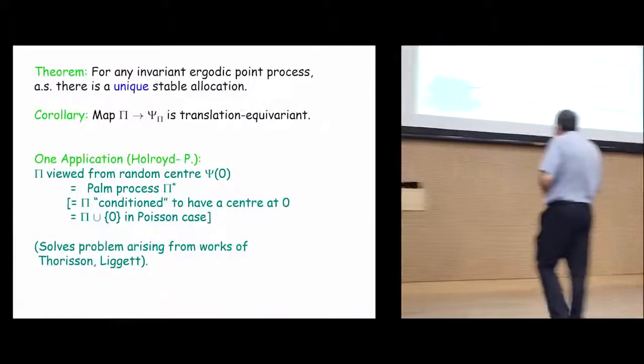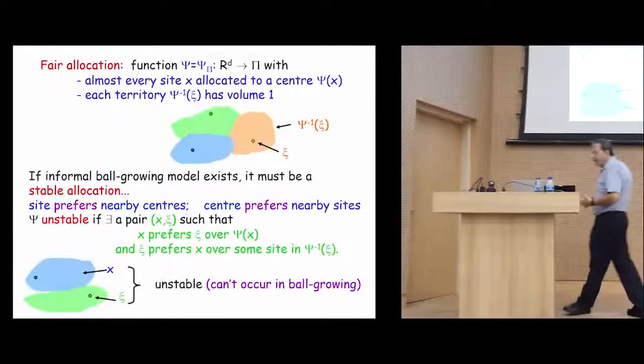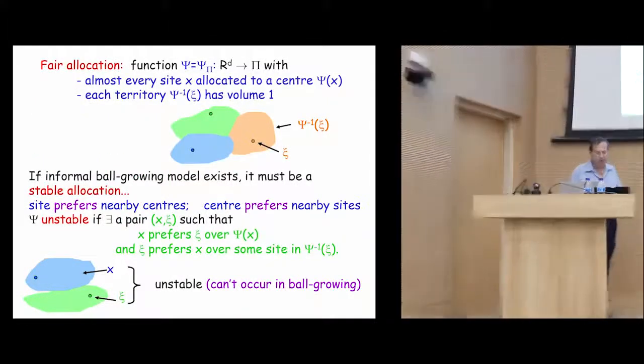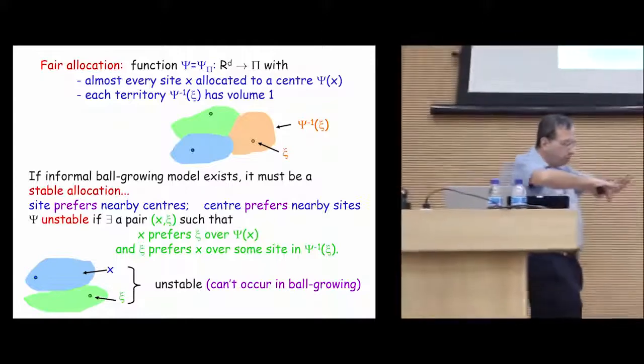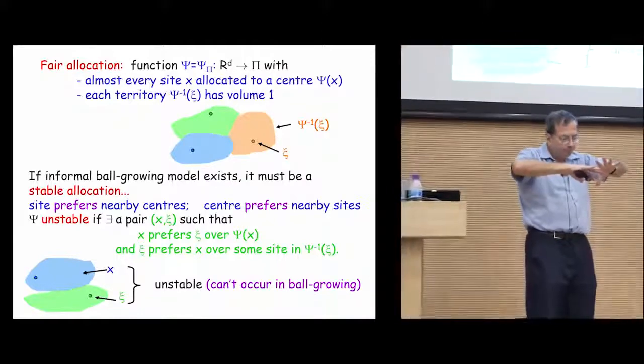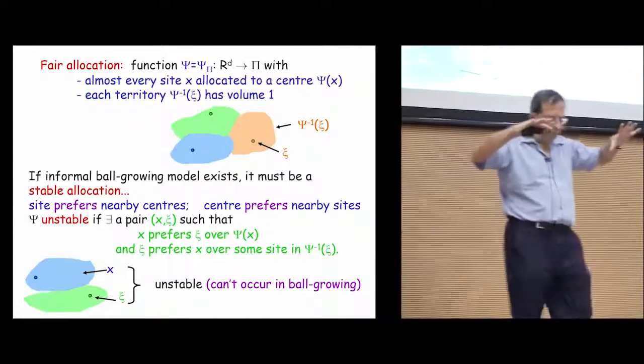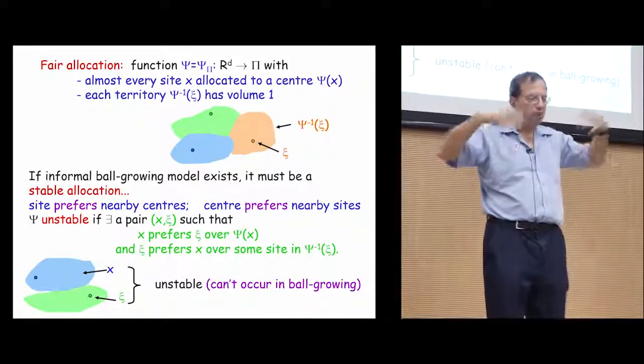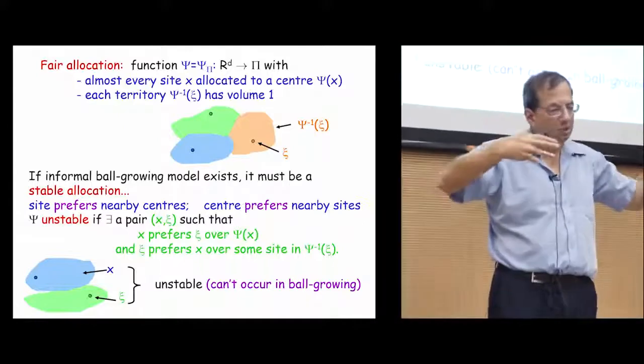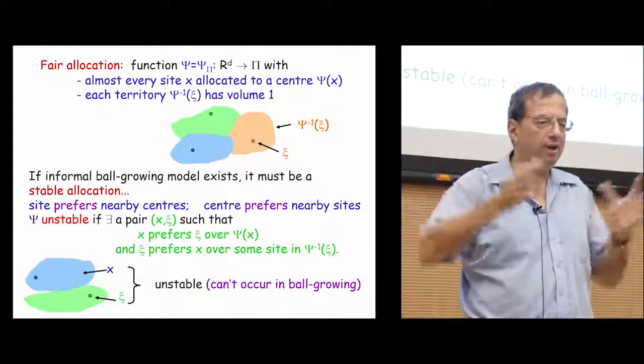So that algorithm can be used to realize the process I described to you before. I told you a process where the balls are growing continuously, but to prove things about that process, this continuous growth is not convenient because there's too much dependence.